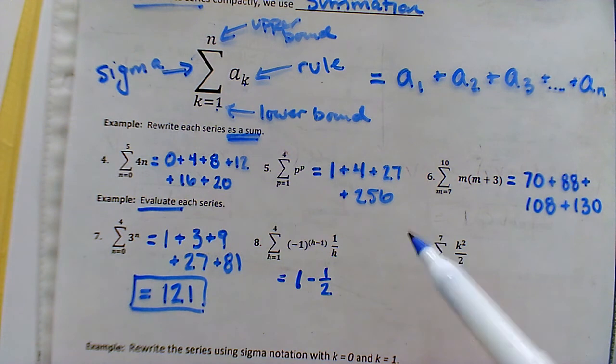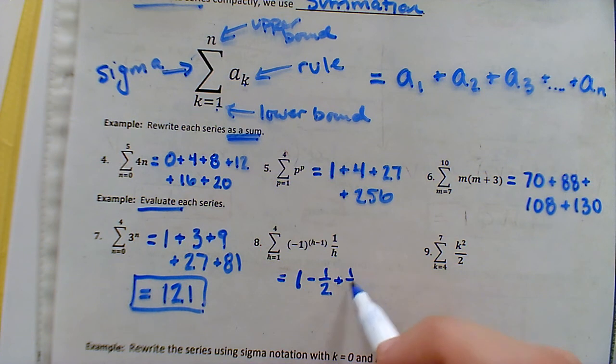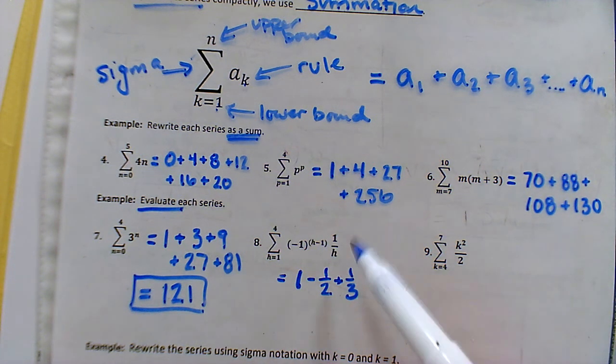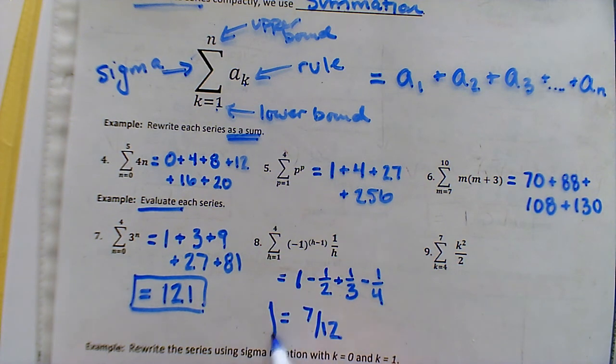If we plug in 3, we'd have -1 squared, which is +1, times 1/3. And then the last one, we'll plug in 4. So we'll have -1 to the third power, which is -1 times 1 over 4. So if you were to actually perform the summation, I think you get 7/12 after you get a common denominator for all those.